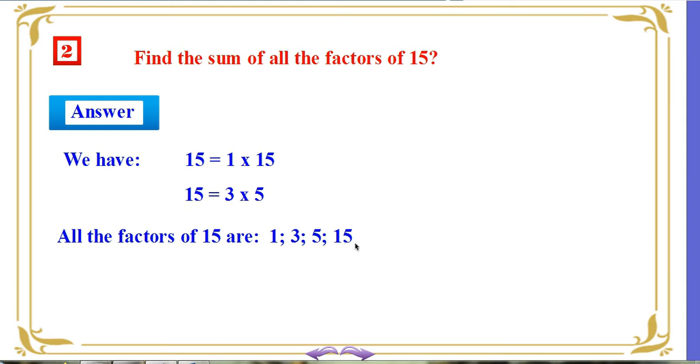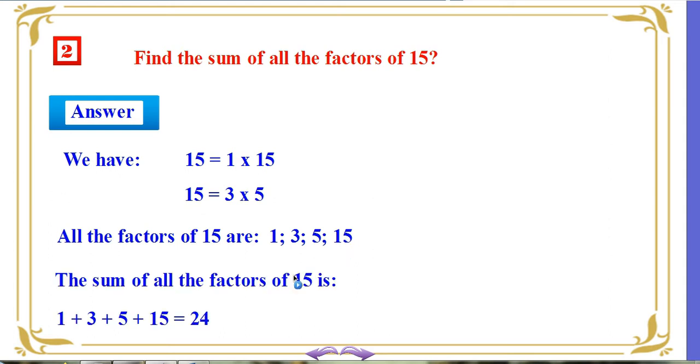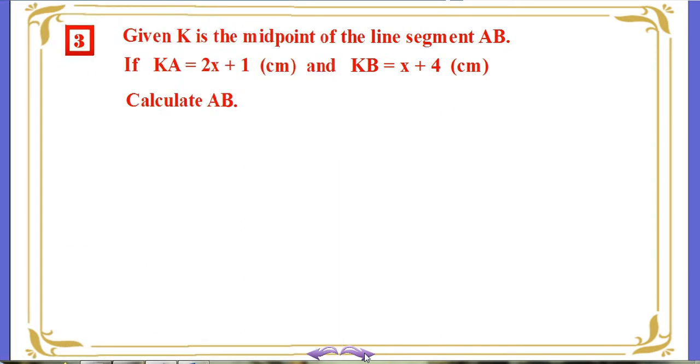Now we calculate the sum of the factors of 15: 1 plus 3 plus 5 plus 15, and the result is 24. We finish exercise number 2 and move on to exercise number 3.